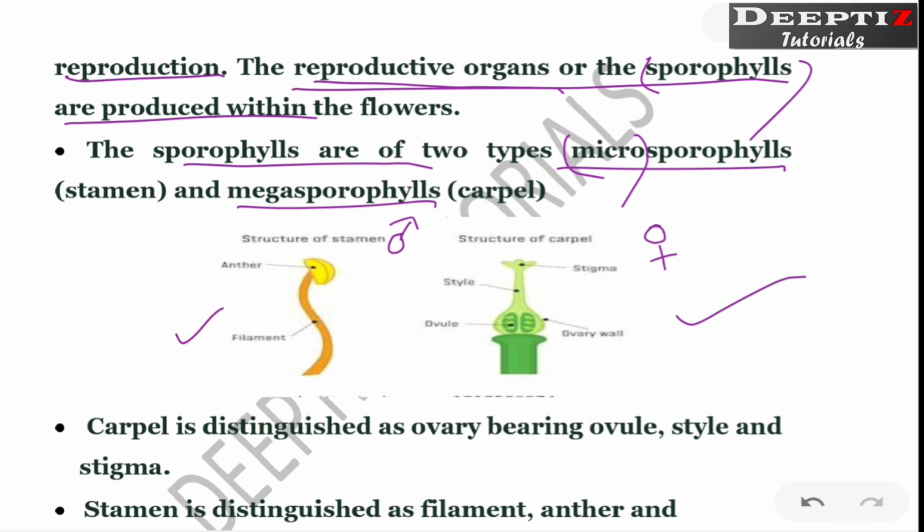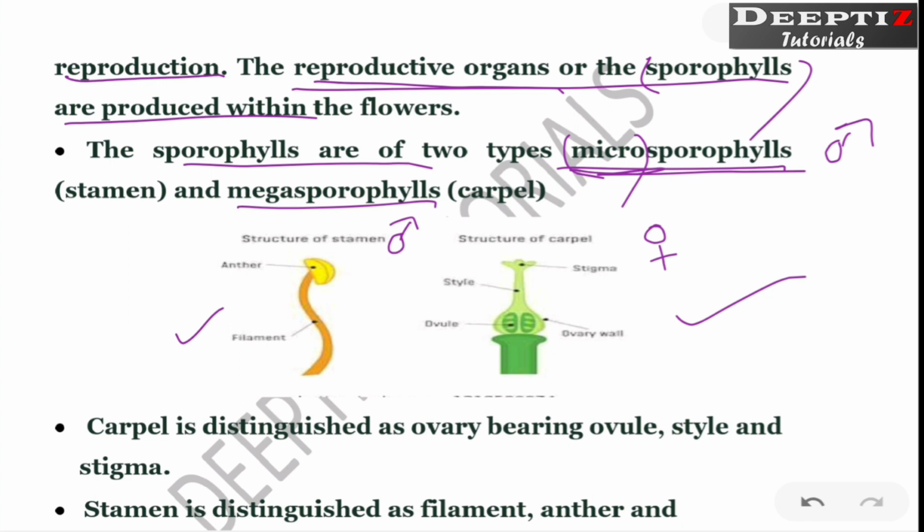We know that in humans also, male sex cells are produced in millions, while there will be a single ovum. In plants also the same situation. Male sex cells are produced more in number. So micro is the term related to the male. Megasporophyll is the term given for female.